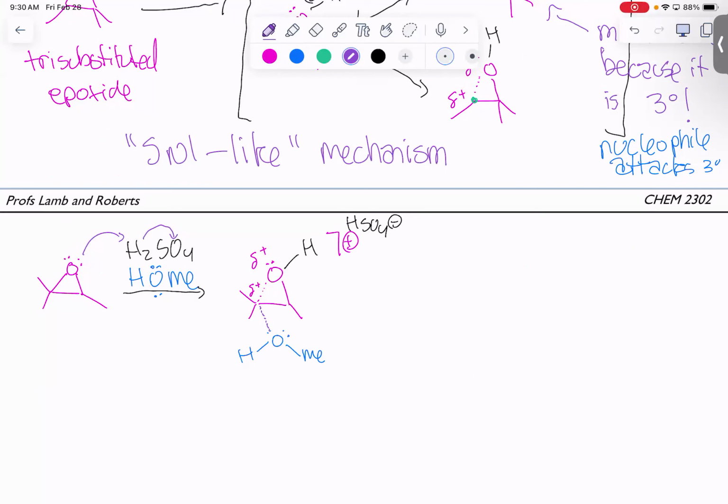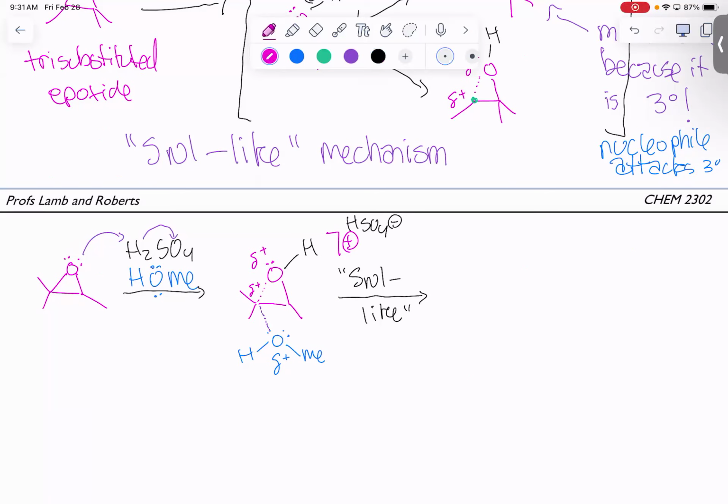We start to see that also we have a delta plus on our oxygen here. We haven't talked too much about partial bonds, but this is what happens in this reaction. So that's why we call this SN1-like. It's not fully an SN1 mechanism. We haven't formed a full carbocation anywhere. We've now just distributed the positive charge over 3 elements.